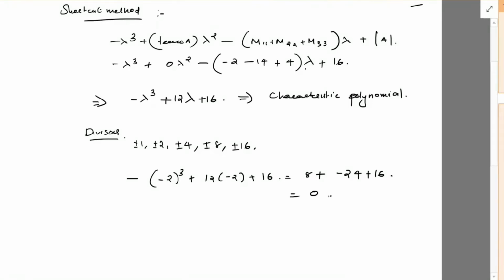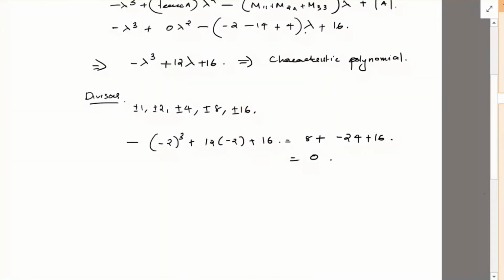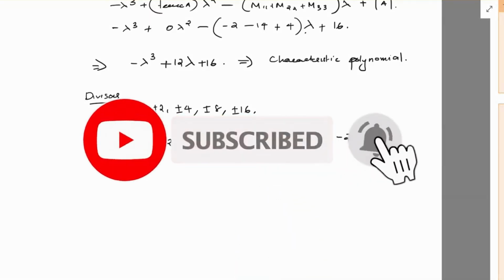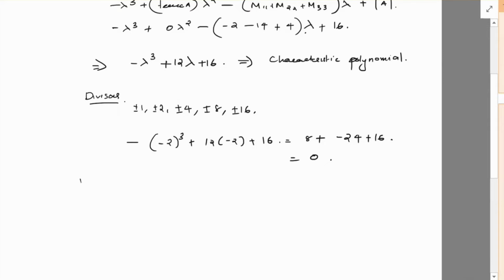So we can see that minus 2 is a root of the polynomial. So minus 2 is an eigenvalue.